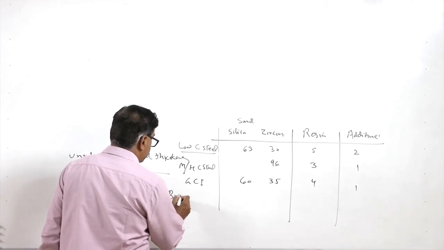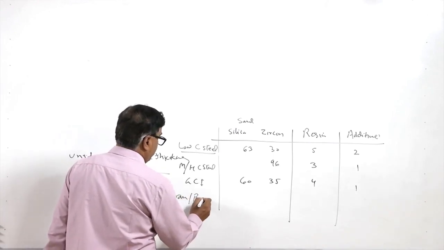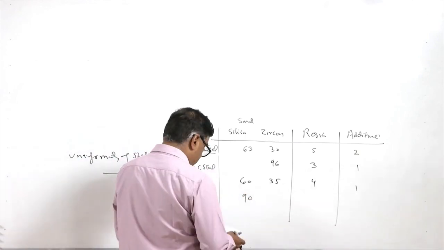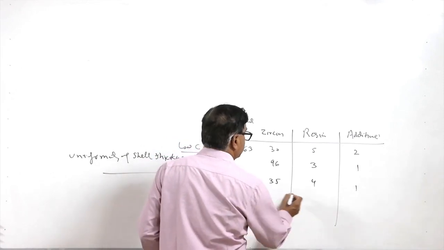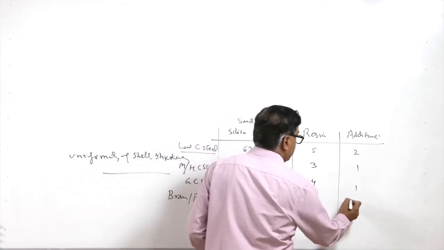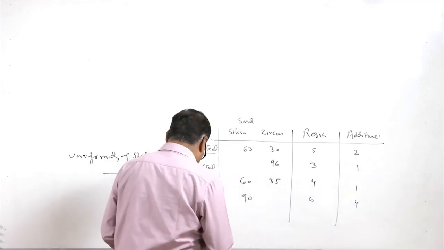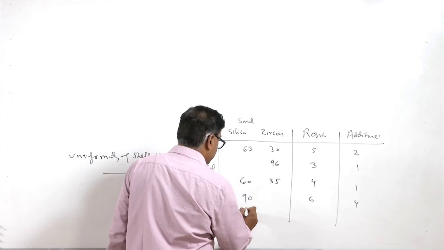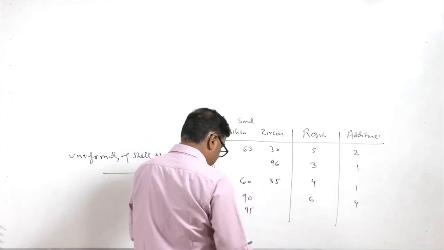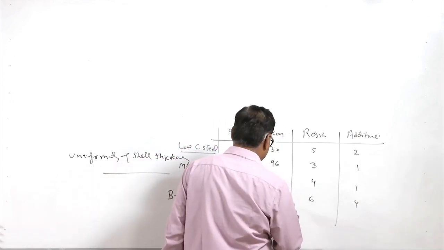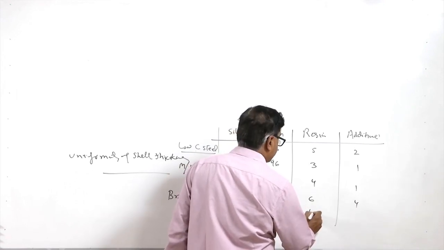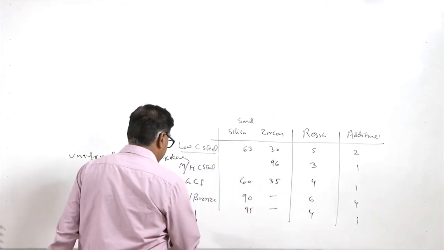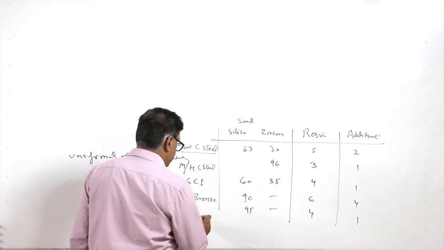For copper alloys like brass and bronze, mostly silica sand, 90%, and 6% resins and 4% additives are used. For aluminum castings, 95% silica sand, no zircon sand, 4% resins and 1% additives.